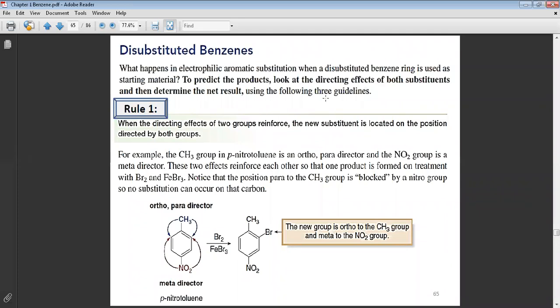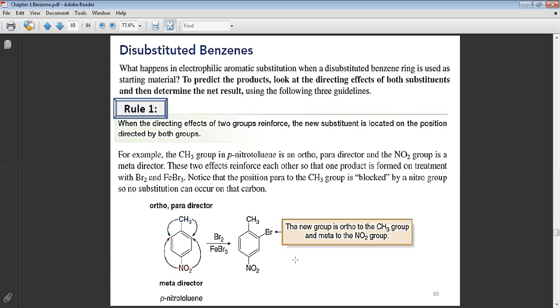The new substituent is located on the position directly bonded to both groups. Okay, you say here CH3 is ortho, para, of course para is blocked, NO2 is meta. That means both of them reinforce for the BR group to come to here. Okay, reinforce the orientation for the bromine to come to this position, not in this position.